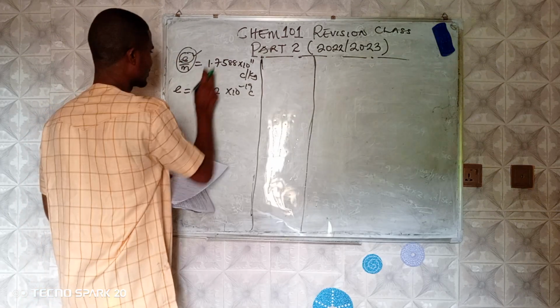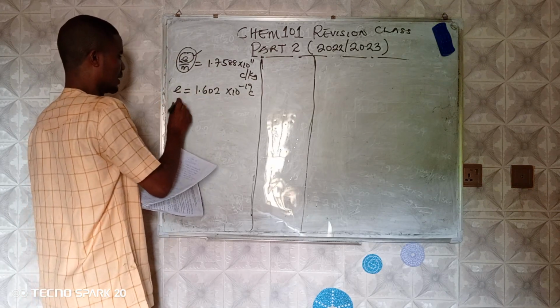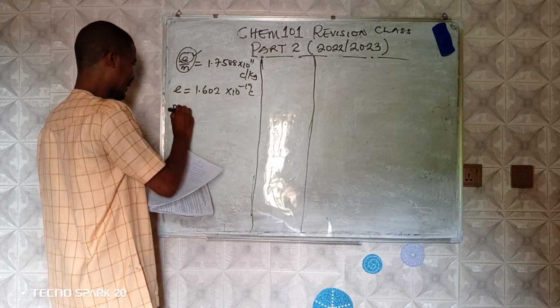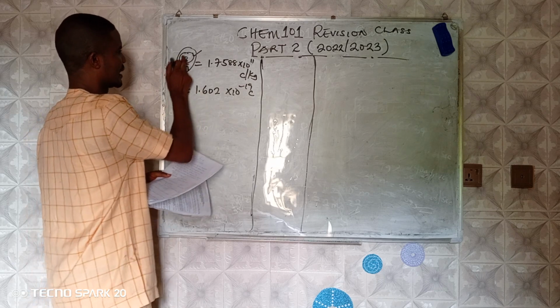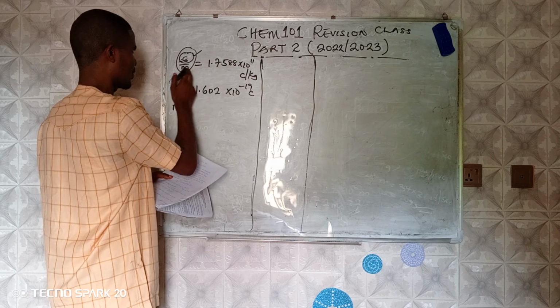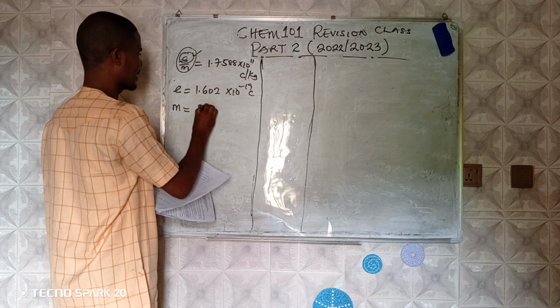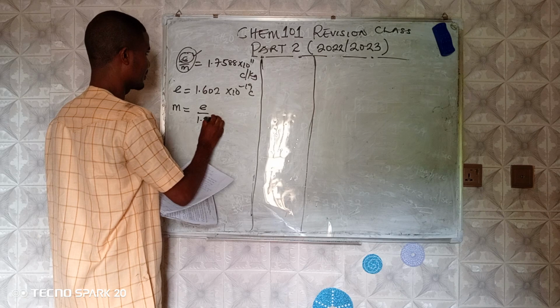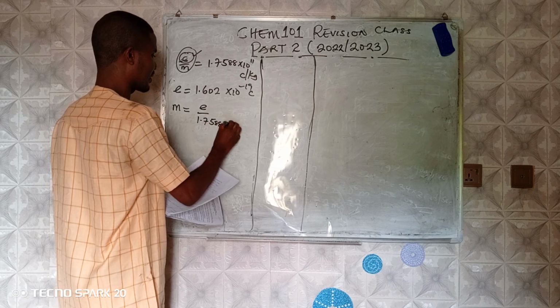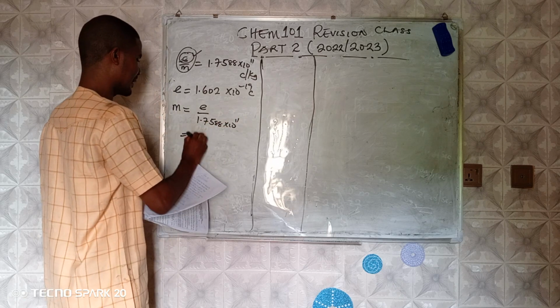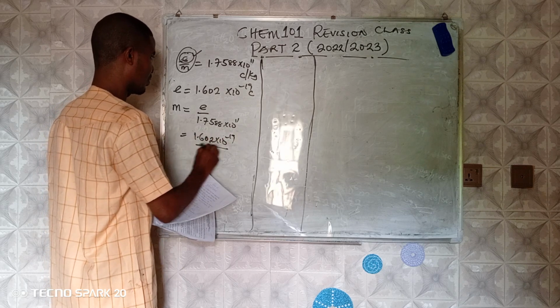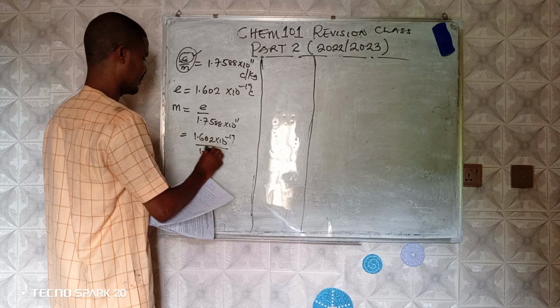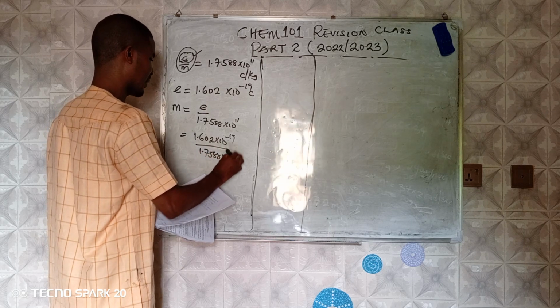Now, if e is this, then the mass of an electron becomes m equals e over e/m. So we have e, 1.602 times 10 raised to power minus 19, over 1.7588 times 10 raised to power 11.